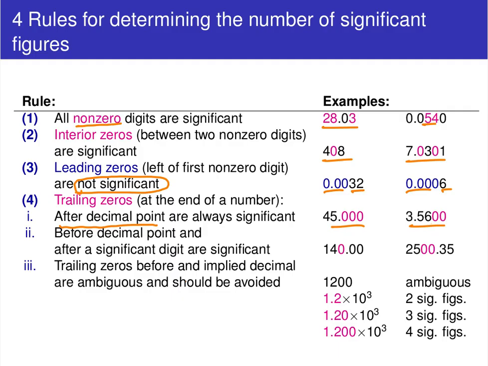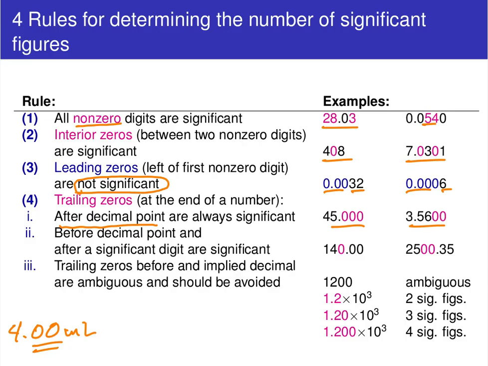We can draw our attention back to the previous example we just wrote down. When we wrote down this measured value of 4.00 milliliters, we saw how important it was to include those zeros after the decimal place, because they are the direct result of the level of certainty we have based on the markings on that measurement device. So those are absolutely significant.